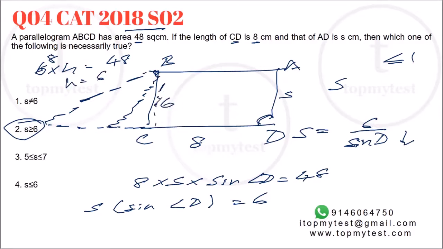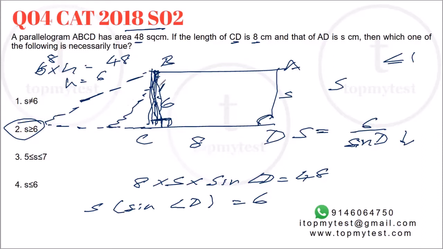The best you can do is if the height and the side coincide, otherwise the side will be greater than 6. If you don't know the sine rule, even then you can answer this question. So S has to be greater than or equal to 6. It will be equal to 6 when this becomes perpendicular, becomes a rectangle. But even without knowing the sine rule, you can still answer this question.